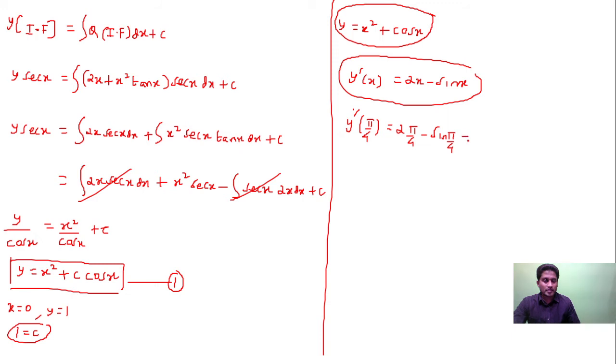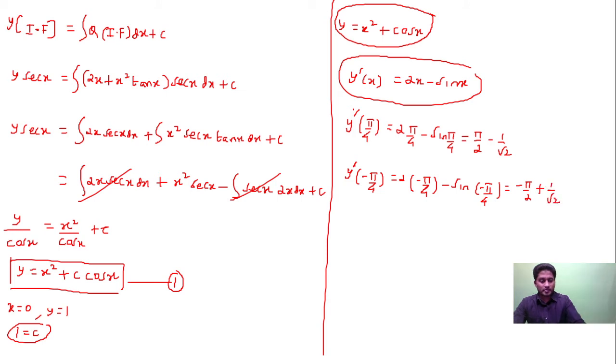So this is equal to pi by 2 minus 1 by root 2. And then y dash of minus pi by 4 will be equal to 2 into minus pi by 4 minus sine of minus pi by 4. So I get this as minus pi by 2, minus and minus is plus, you get 1 by root 2.